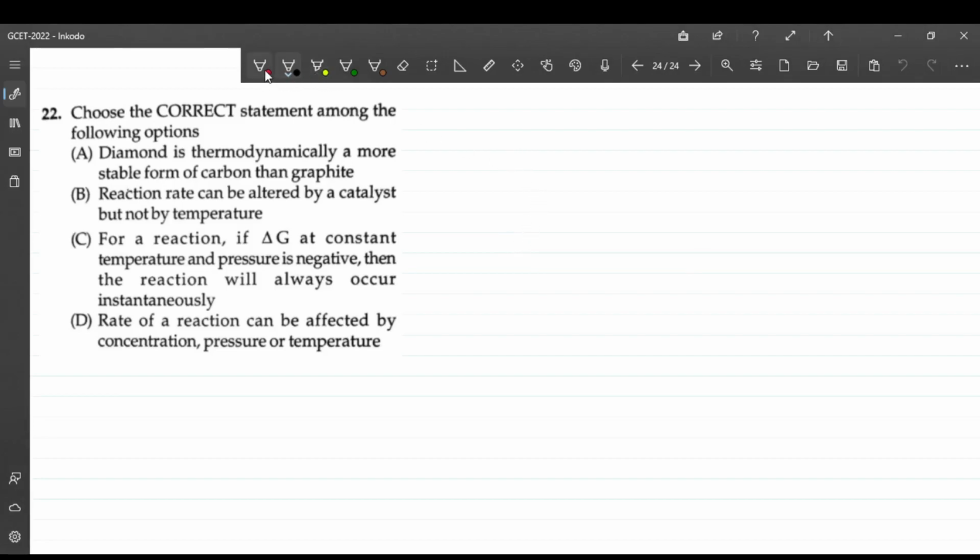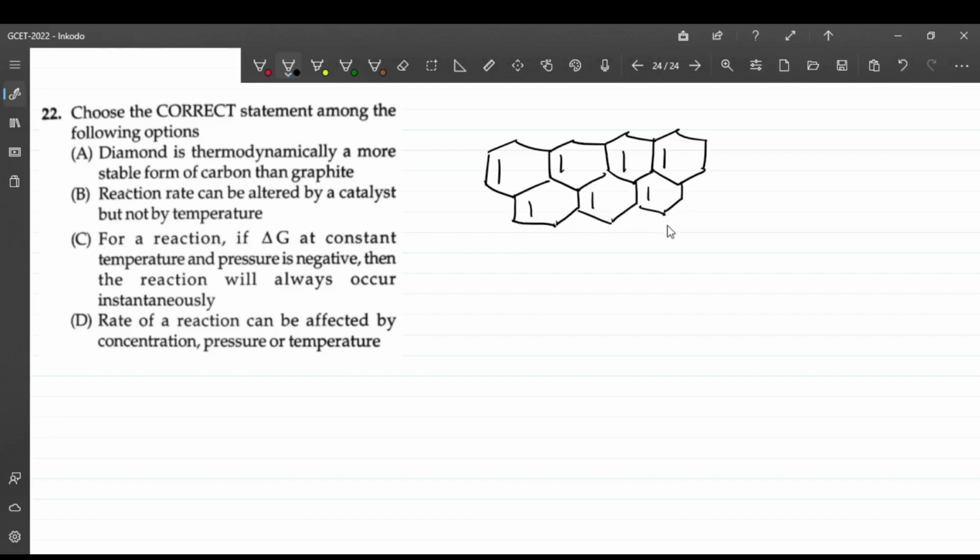So the statement that diamond is thermodynamically a more stable form of carbon than graphite is wrong, because diamond may be strongest, but graphite has double bonds. Graphite has a structure this way. This is what the structure of the graphite looks like.